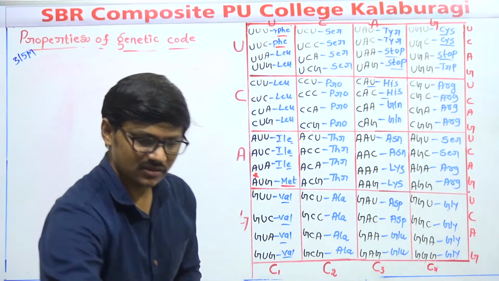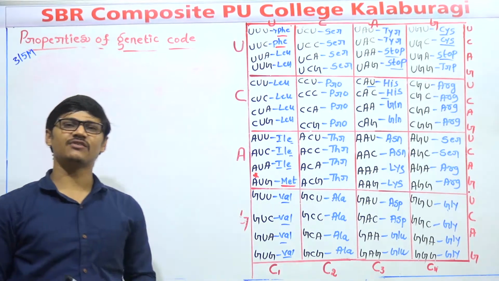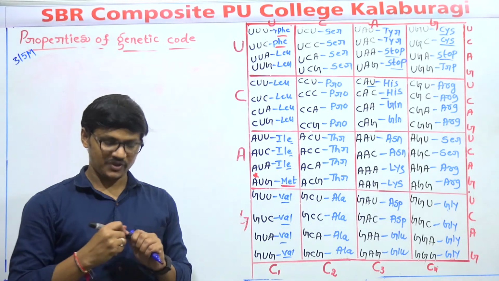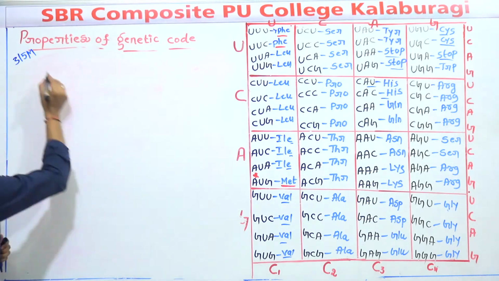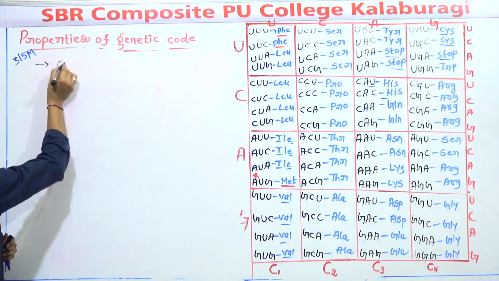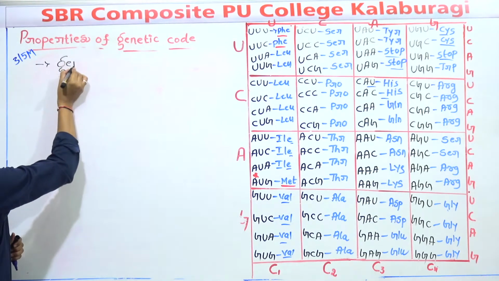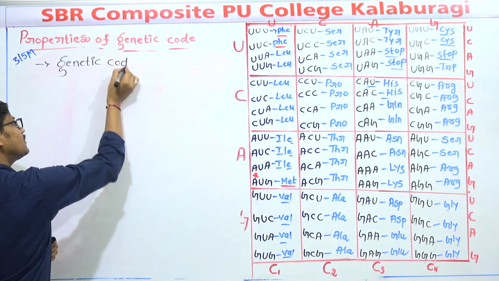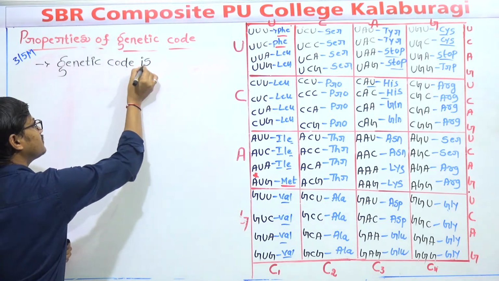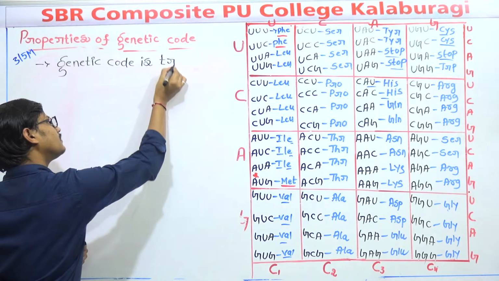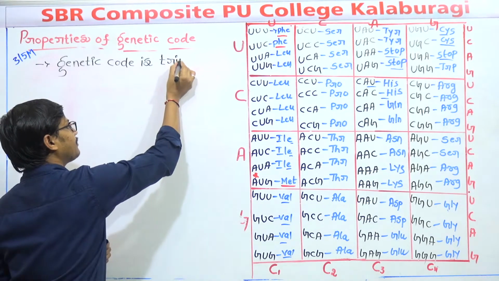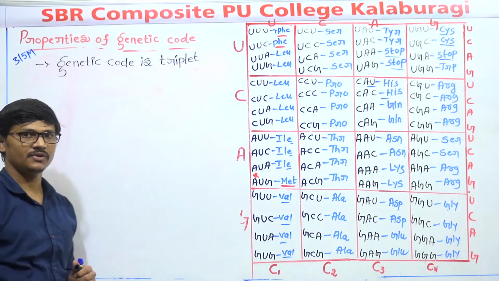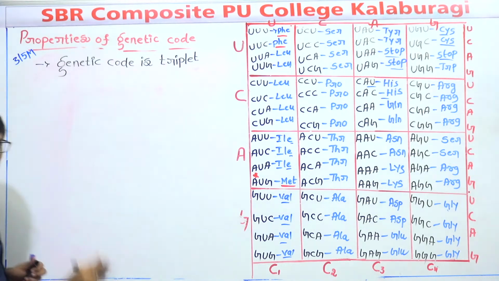Let us see what is meant by properties of genetic code and how many properties there are. The first property is: genetic code is triplet. It is the first property of genetic code.